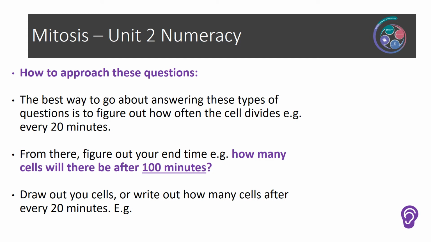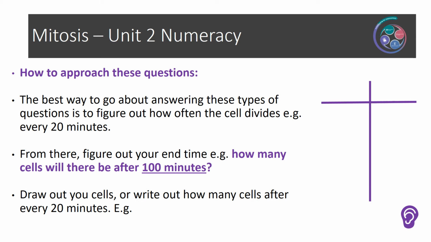Now you can either draw out the division diagram that I've previously showed you, but that can get slightly muddled when you're dealing with big numbers of cells. You could also write it out to see how many there are. I'm going to show you another way which I think is clearer and more concise to help you get to the answer. This is by using a simple t-table.